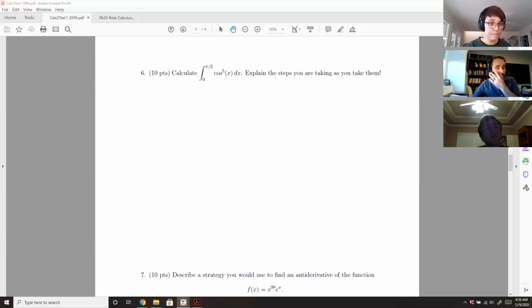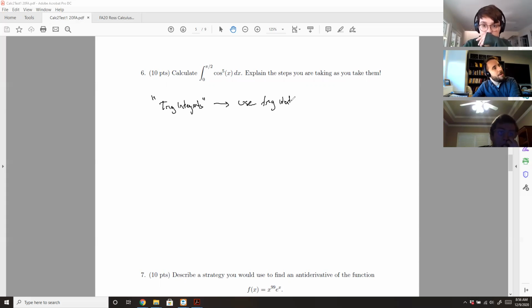Problem 6. Problem 6 is a trig integral. Unlike a trig sub, our topic of trig integrals just meant to use trig identities and be clever and use cleverness to try to solve our integrals.